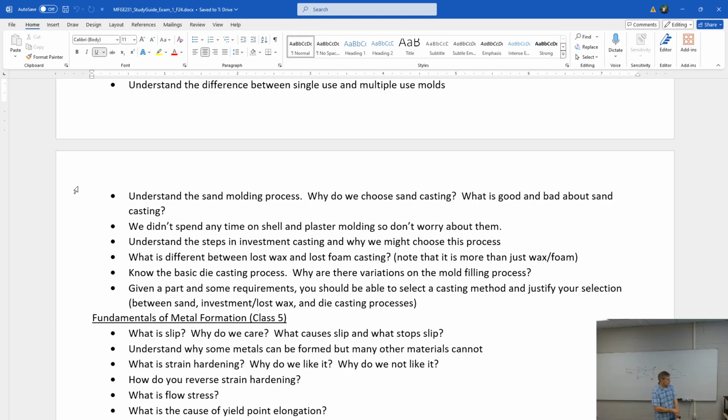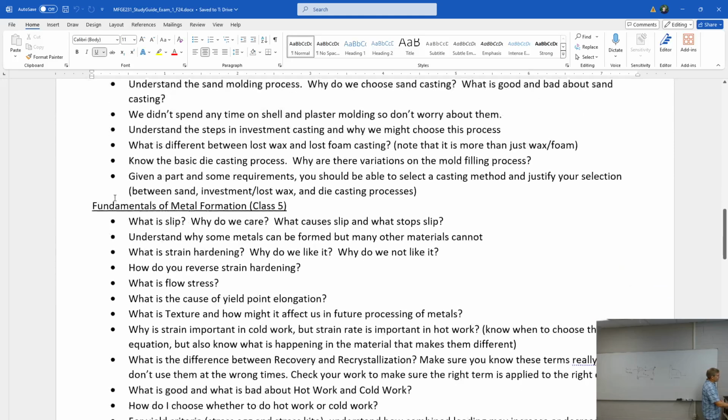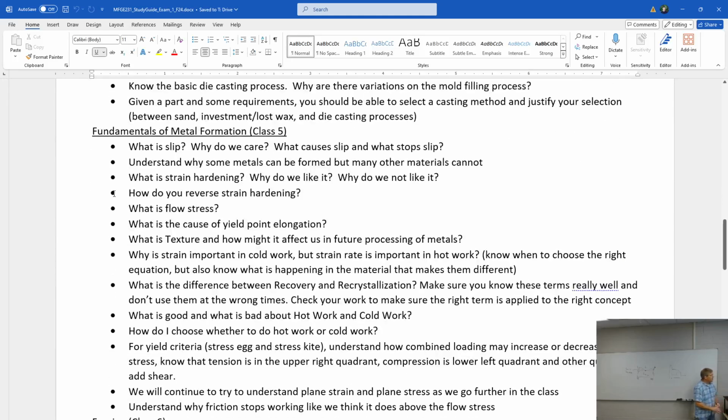And so it's just not economically feasible to make molds out of diamond, it turns out. I mean, it's sad, but it's true. If I gave you a scenario with a random engineer who was planning to make something, you should be able to tell them what method they should use to cast it and what they should be concerned about.